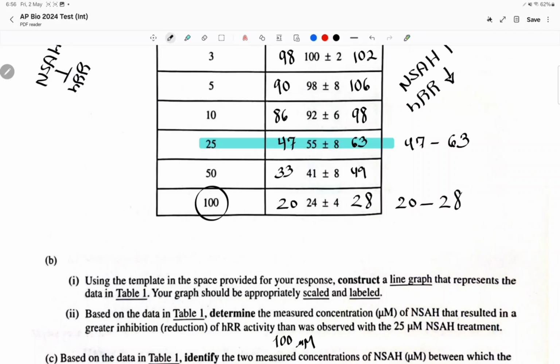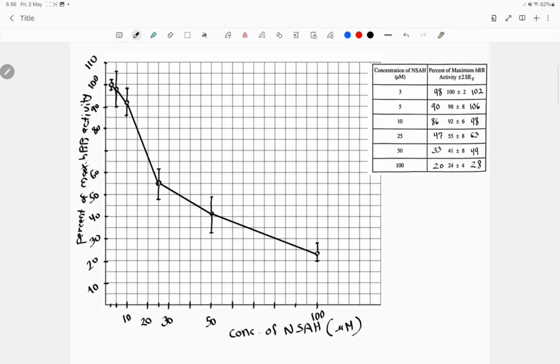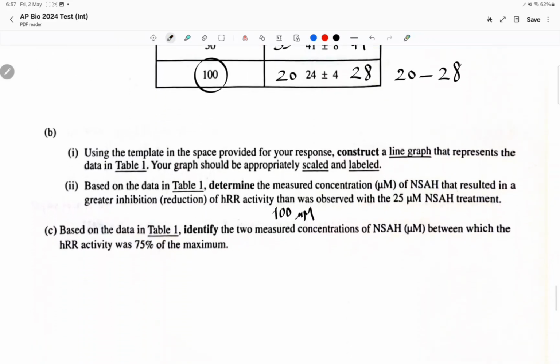You can also just look at the graph. On the graph, this is the 25, and that's overlapping with it, so don't choose it. You must choose one that is not overlapping with it, with less HRR. It has to be lower than it. And this one here is not overlapping with that one. So the 100.